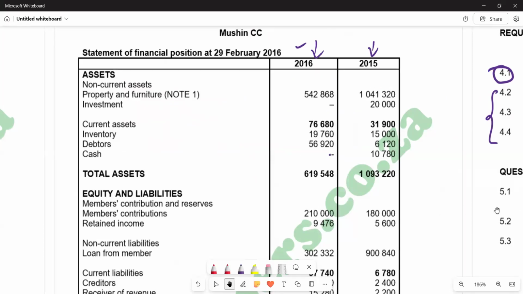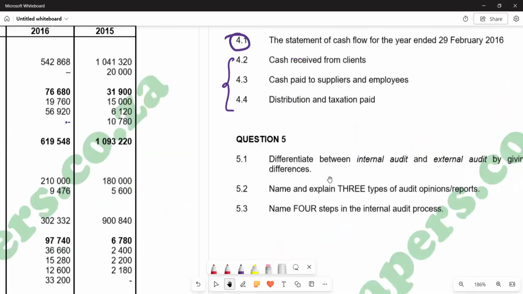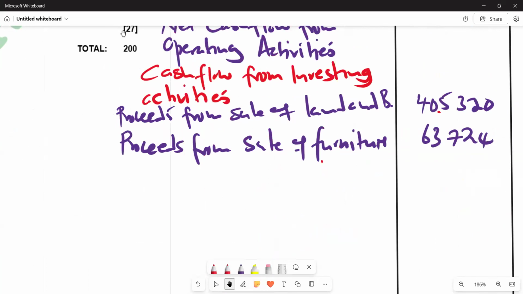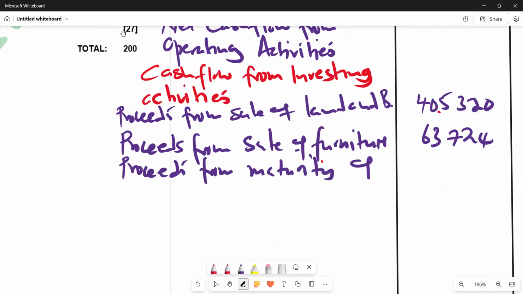So we go there and indicate that again as part of our investment. We're going to indicate it as proceeds for maturity of investment, and the figure that we have there is 20,000.